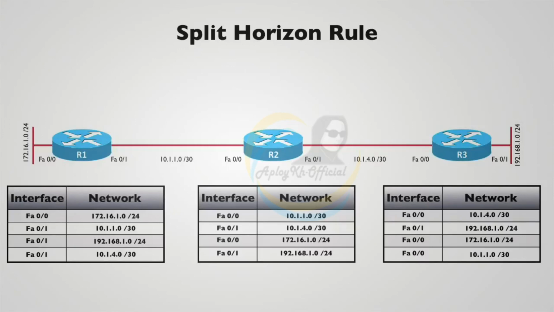It learned that route via interface Fast Ethernet 0/0. So R3, it will not be allowed to advertise that route, that network, out of Fast Ethernet 0/0. That would violate the split horizon rule. So this rule can help us prevent routing loops and prevent the corruption of our IP routing table.